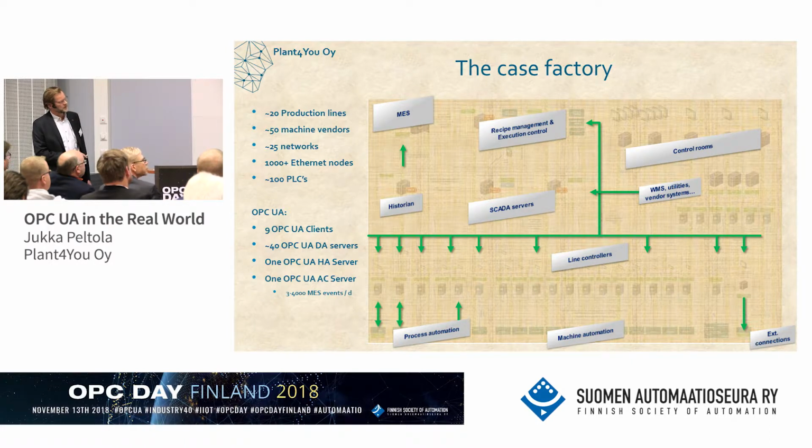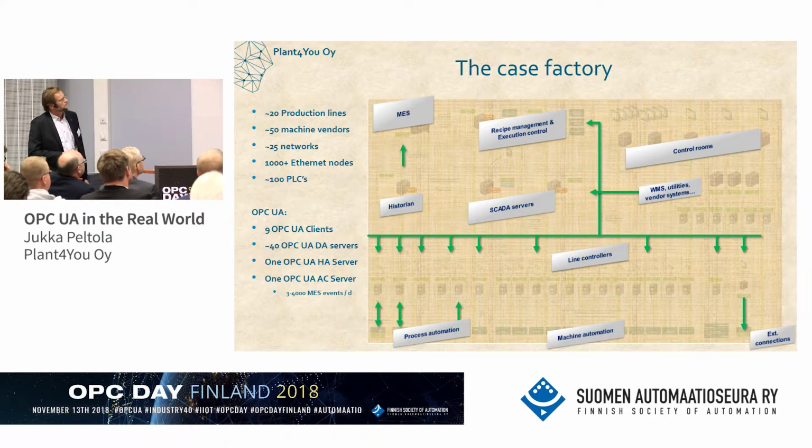When, for example, we change the product, the line controller automatically writes the new parameters to the machine controller. So it was fully automated if you change, for example.